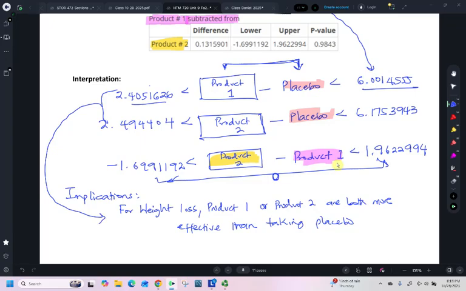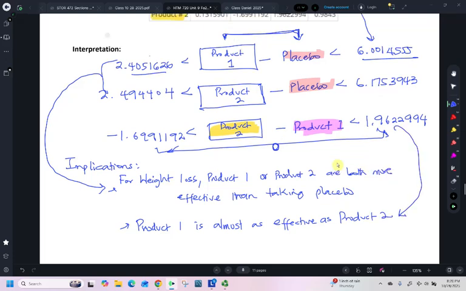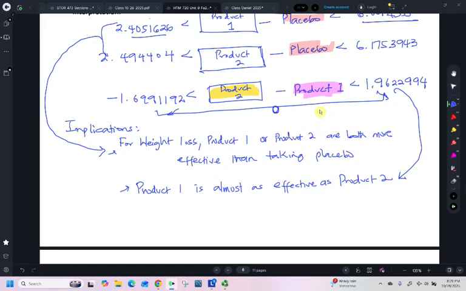So you're welcome to take any. And also for weight loss, product 1 is almost as effective as product 2. That is what the last statement here tells us as far as informed decision making is concerned. And that is where we conclude that question.